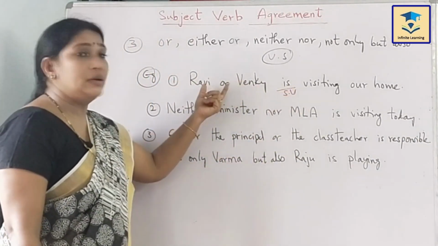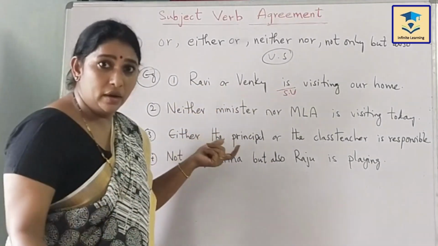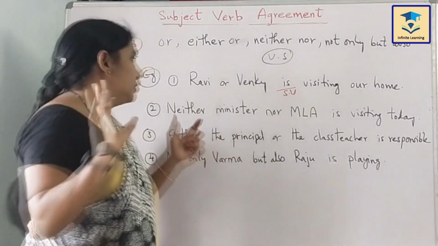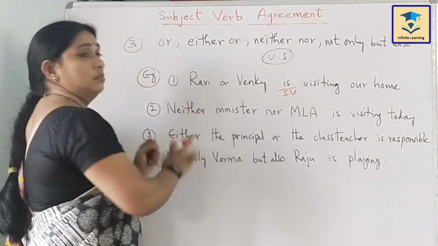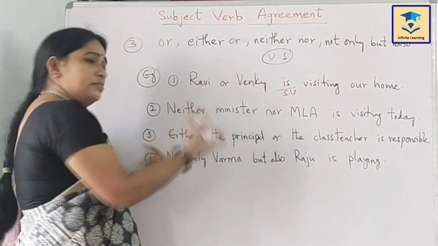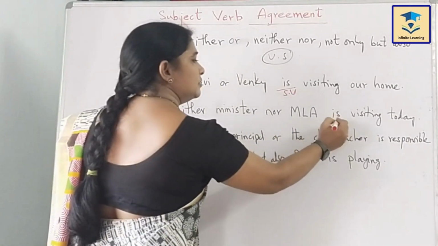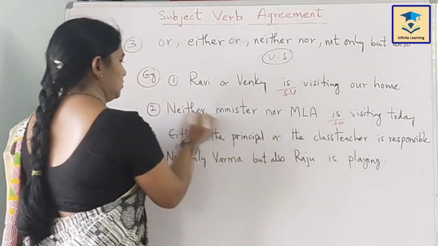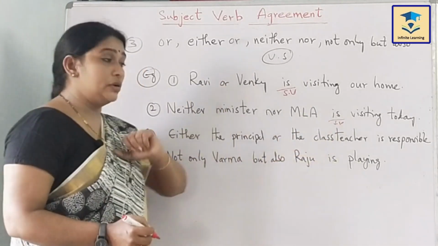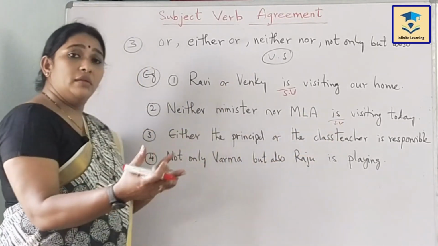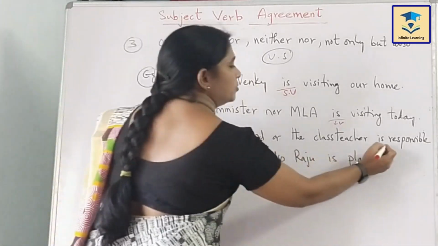When two nouns are connected with or, either or, neither nor, not only but also, the verb will be singular. Okay? Neither minister nor MLA is visiting today. Neither minister nor MLA, no one is visiting. So, is is the singular verb here. Either the principal or the class teacher is responsible. Any one of these two is responsible.